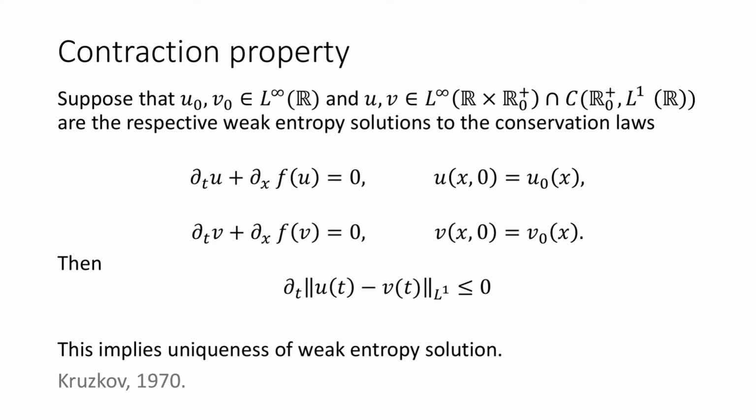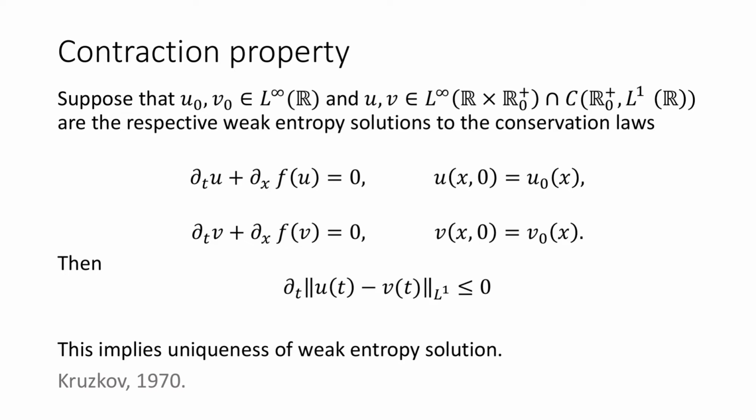Now, u and v are assumed to be solutions to the same conservation law with the same flux function, del t u plus del x f of u equals 0, and del t v plus del x f of v equals 0, with the respective initial data u(x,0) equal u0(x) and v(x,0) equal v0(x).